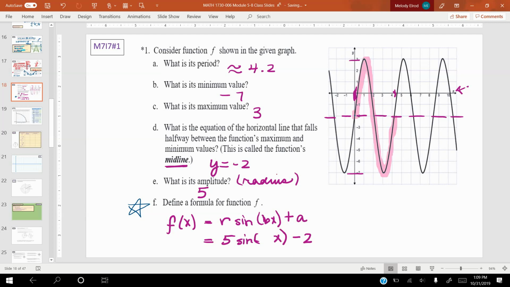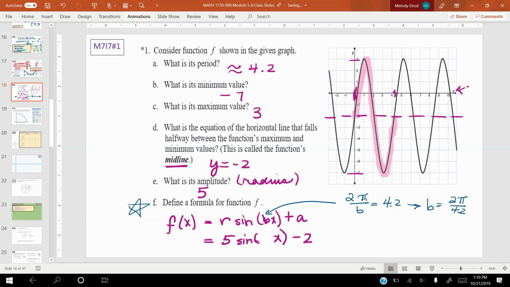So let's talk about how to find that. I'll change pens real quick so that we can see that. If we want to figure out what b is, we know that 2 pi over b is going to be the period, and we know that the period is 4.2. So a little algebra gets us that b is equal to 2 pi over 4.2.